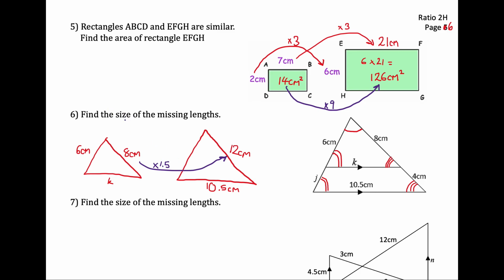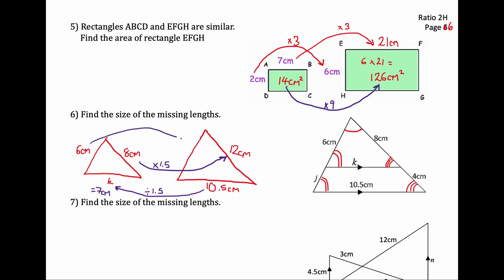So if I want to know K, let's go with K first. I'm going to divide this by 1.5. And that would give me 7. And the final one I want to know is J. Now, to do that, I'm going to figure out the length of this whole side here.